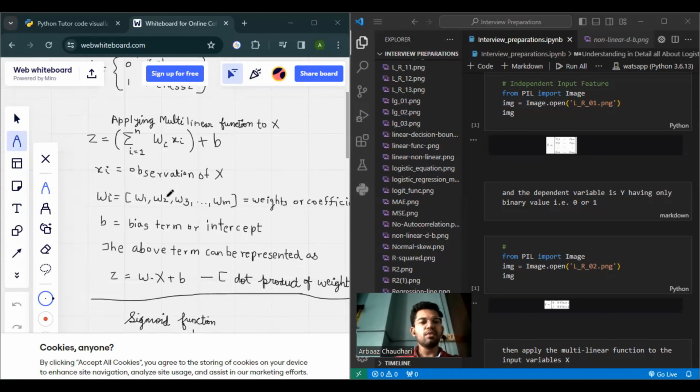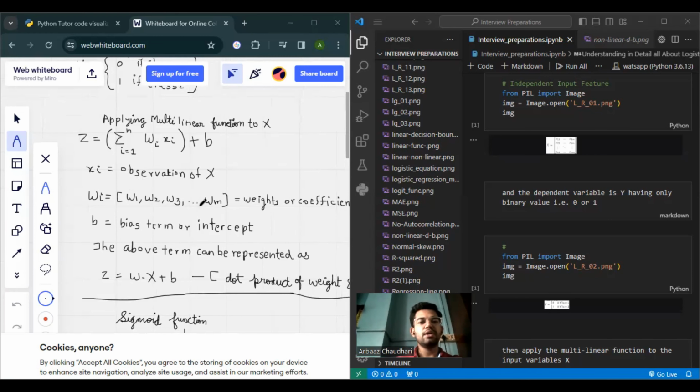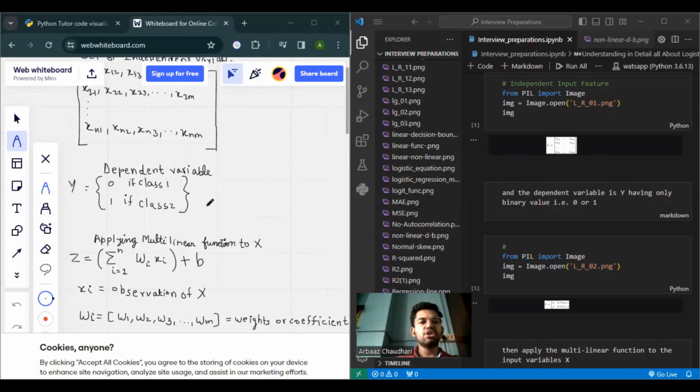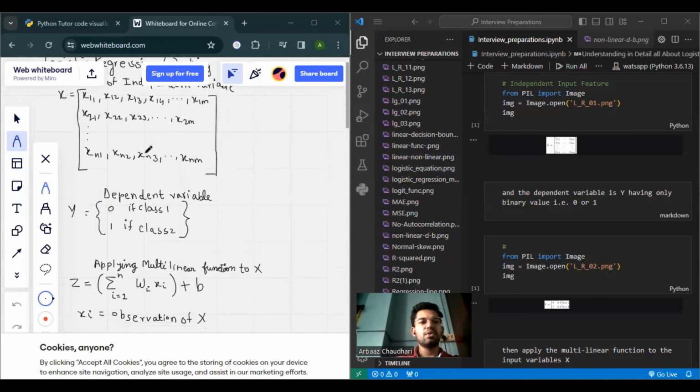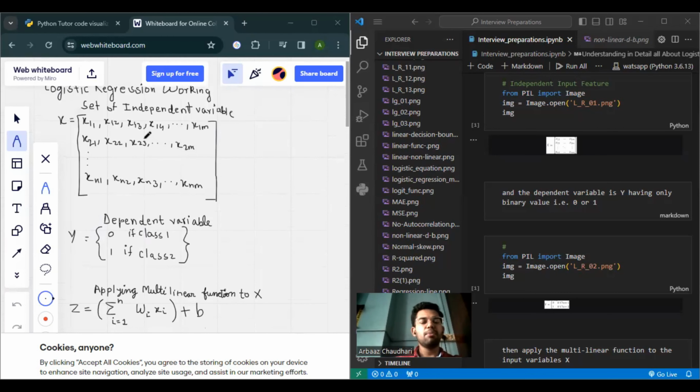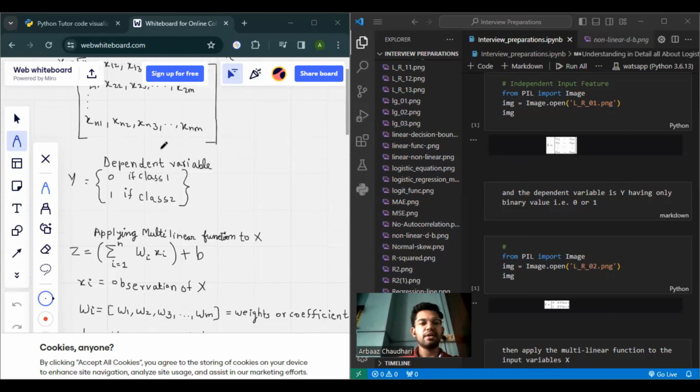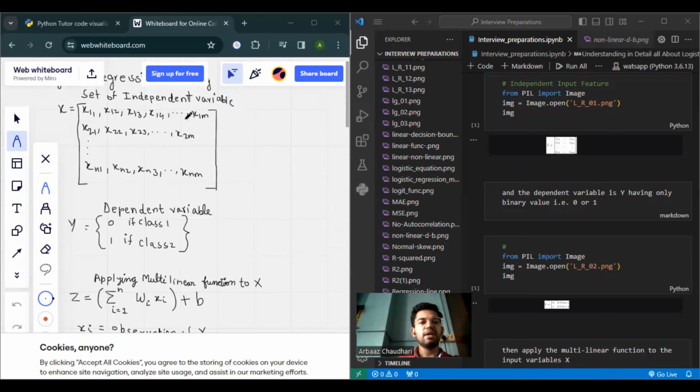Okay. Then W1, W2, W3 till Wm are the weights. So each of the features is given a weight. With the help of the weights, we are finding out what the relationship is between x and y. Some of the features are contributing more and some are contributing less.